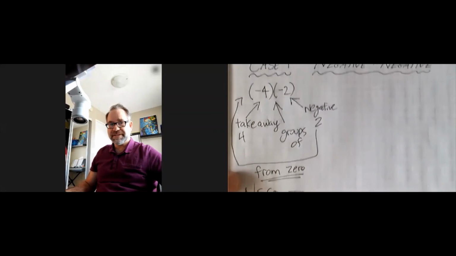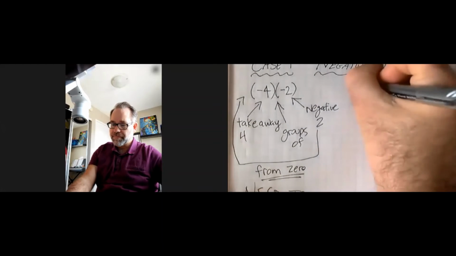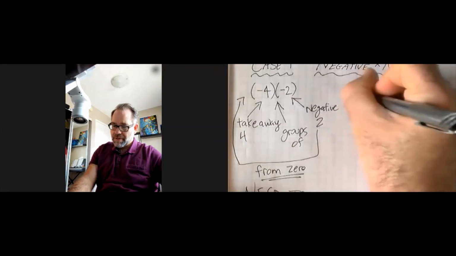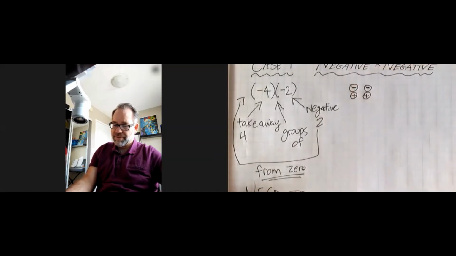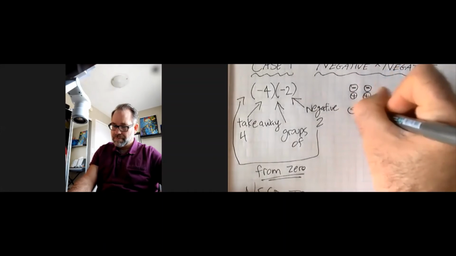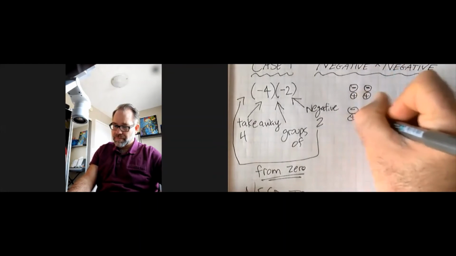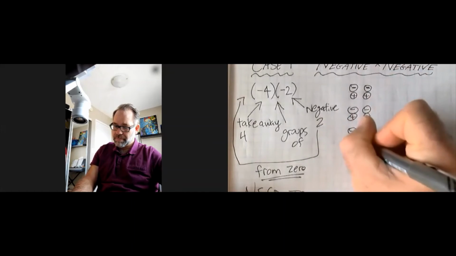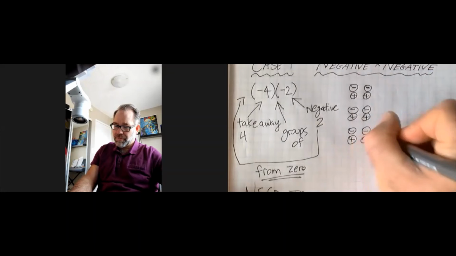So let's start off with our model. This one I'm going to do a little bit differently. So there's -2, and there's 0. We're still at 0. A negative and a positive.